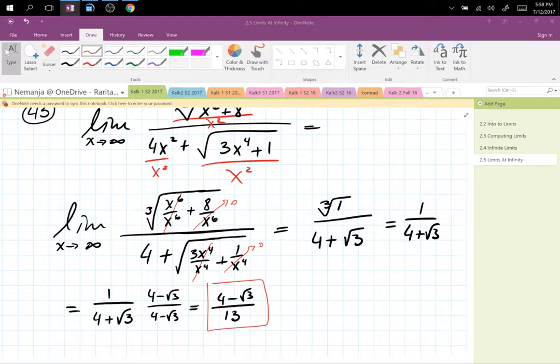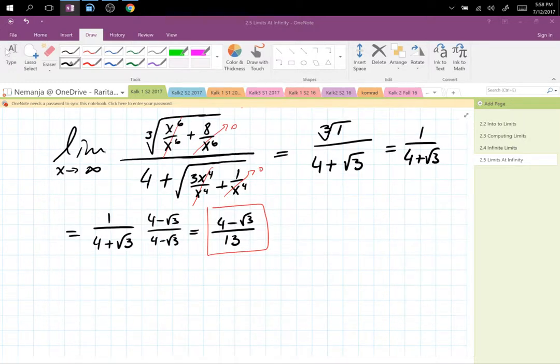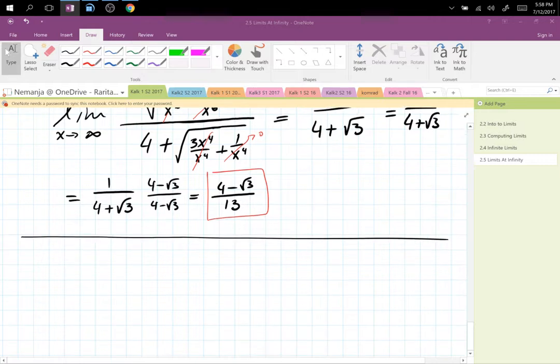Okay, let's try to use the algebraic rule for this. We have the rule that says the square root of a over b is the square root of a over square root of b. And if this is any exponent, that holds as well.